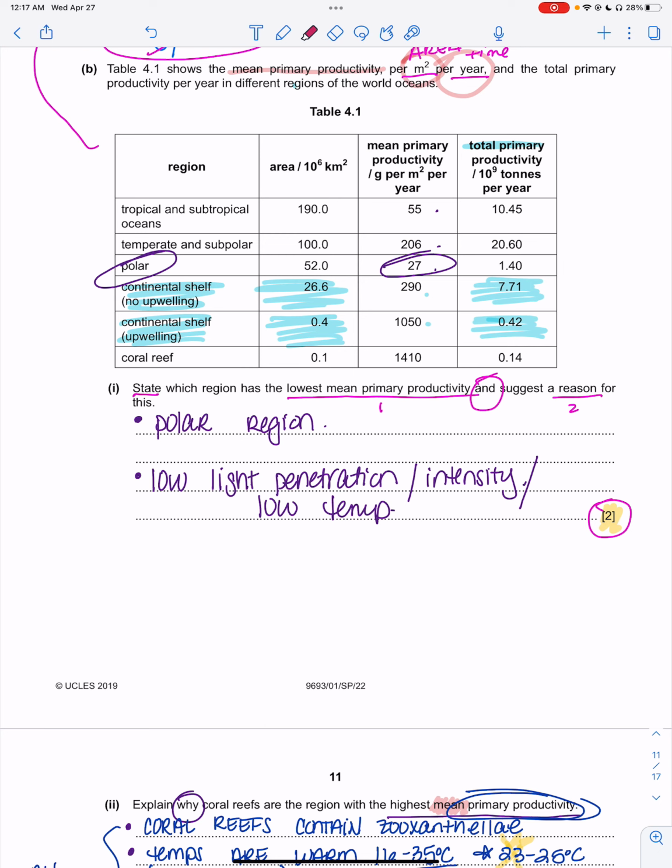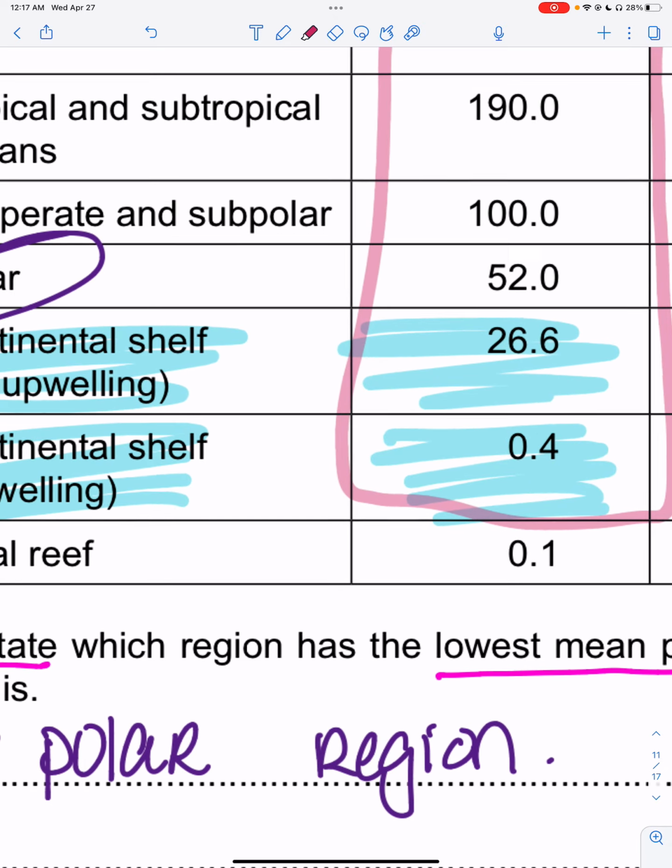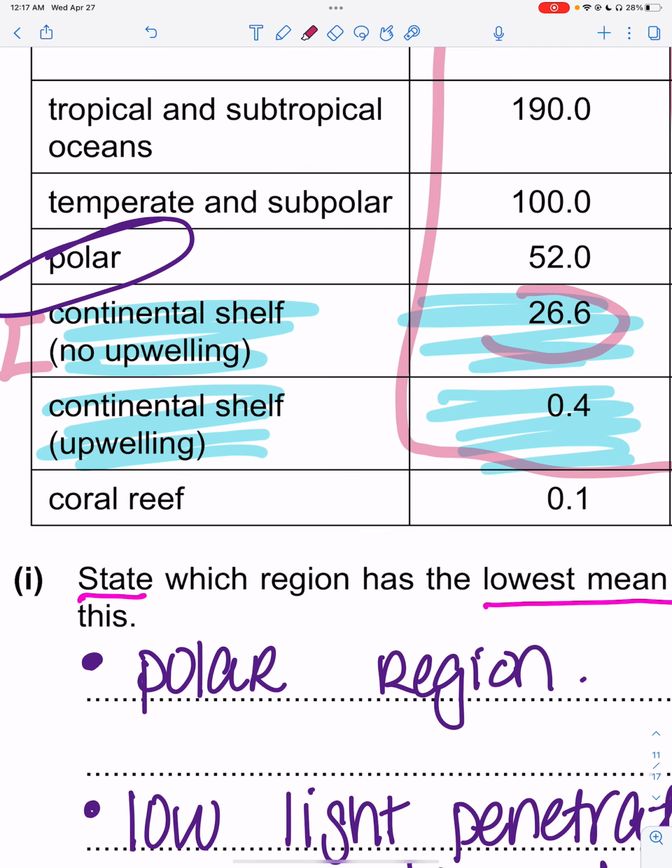But there is one huge factor within this. So if we just consider this data right here and this data right here, they already told us this one's higher, continental shelf without upwelling. So there's only one other thing. Boom.